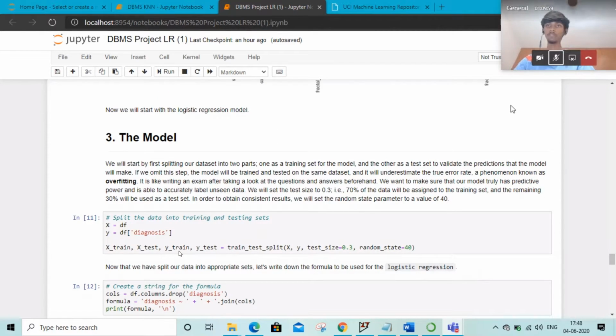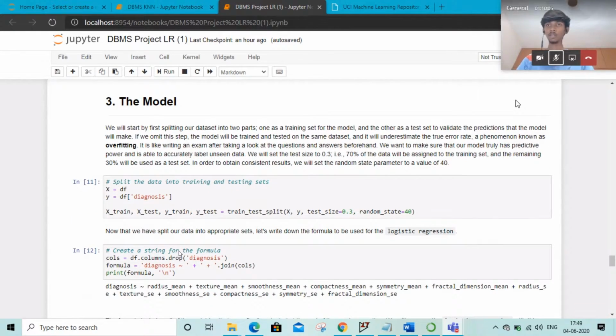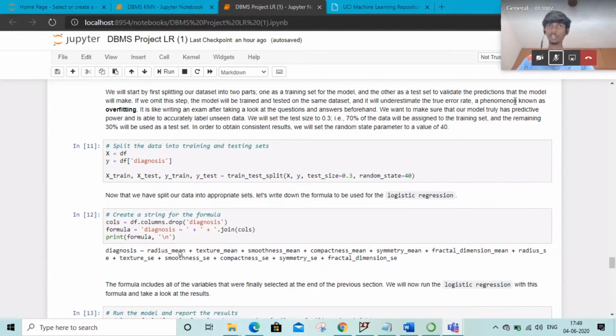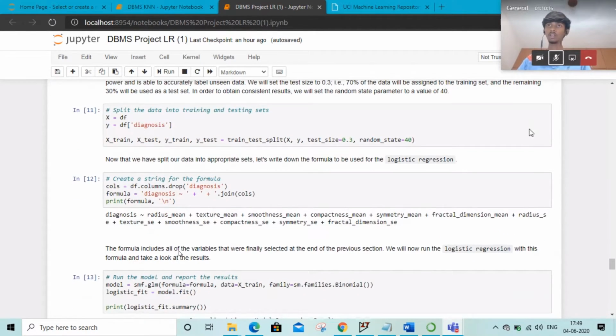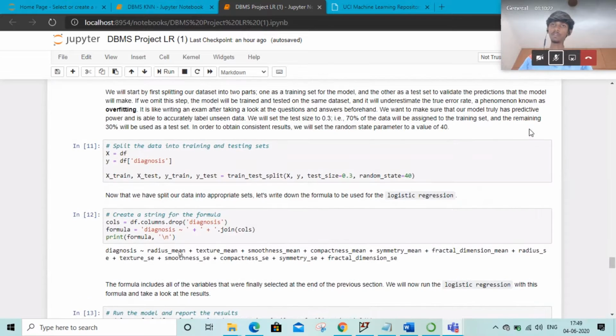So now we will build our model using the sklearn library. We first split our data into testing and training. This is done to avoid overfitting. Overfitting means that when you build a model on the same data and test it on the same data, the algorithm already knows these results, and thus it predicts perfectly, meaning there's an exponential rise in accuracy, which is actually not correct.